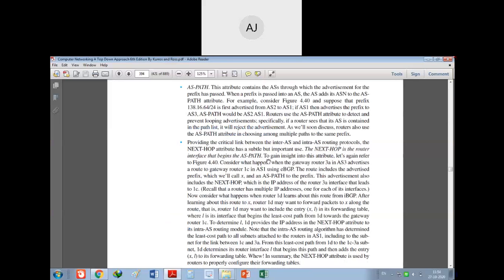Most of the time we make use of external BGP, because you are communicating with different autonomous systems. Till now, we were making communication within an autonomous system, but now we are making communication between autonomous systems.